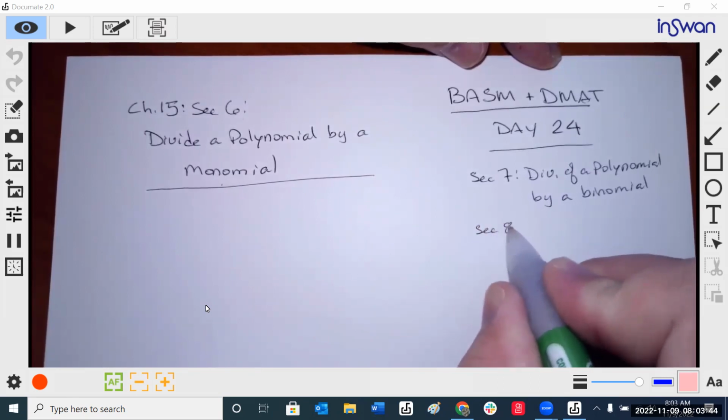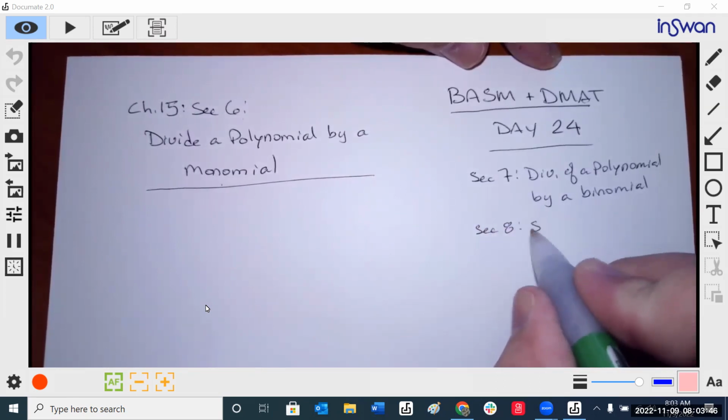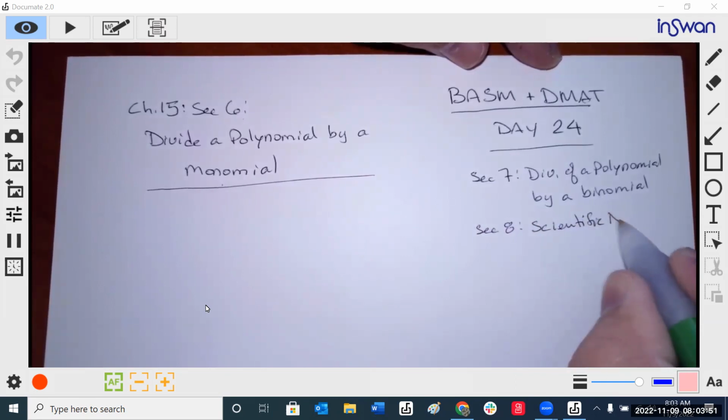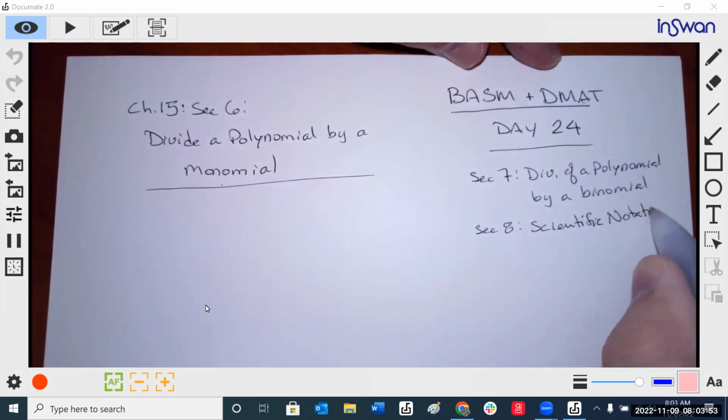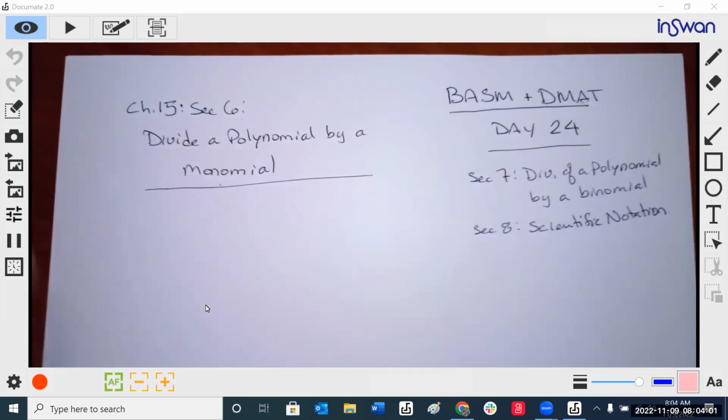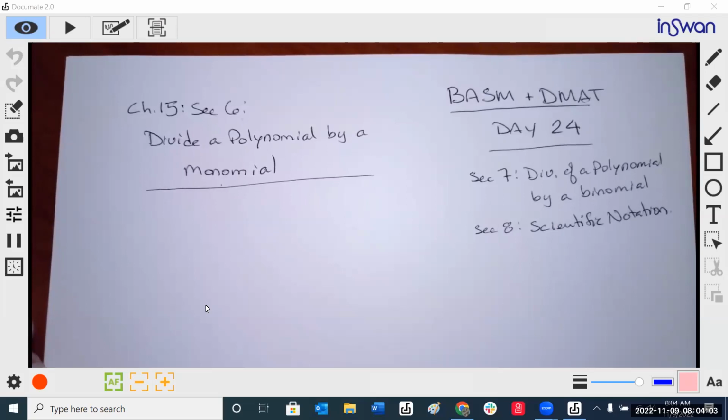And then section 8 deals with what we call scientific notation. That's the real world use of what we're doing with exponents and stuff. So that'll finish up chapter 15 for us.